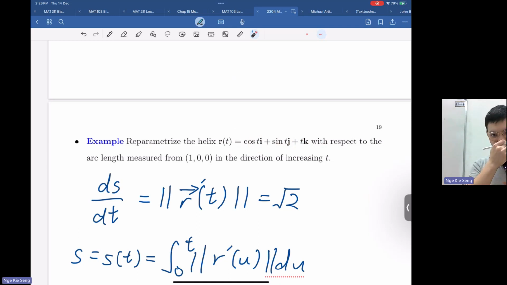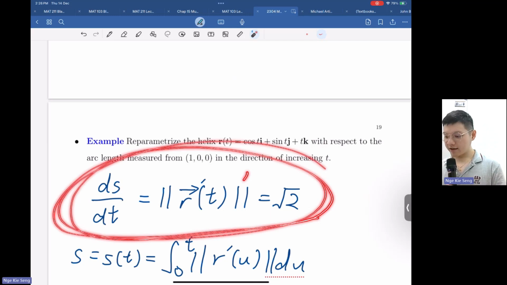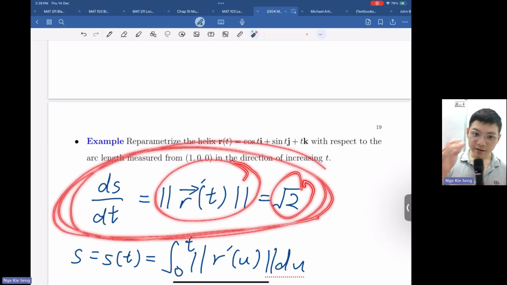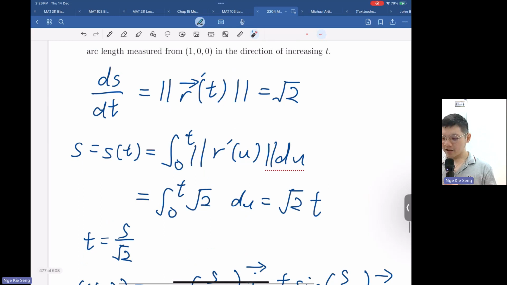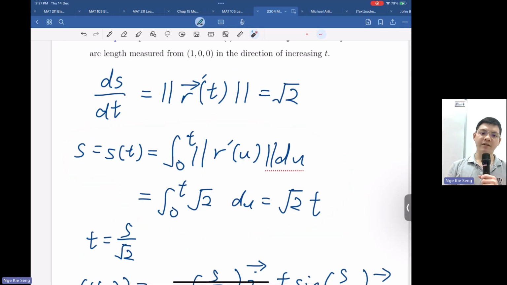What do I do? First, I study the length of the tangent vector at every point, and then we can find the relation between time and the arc length function.